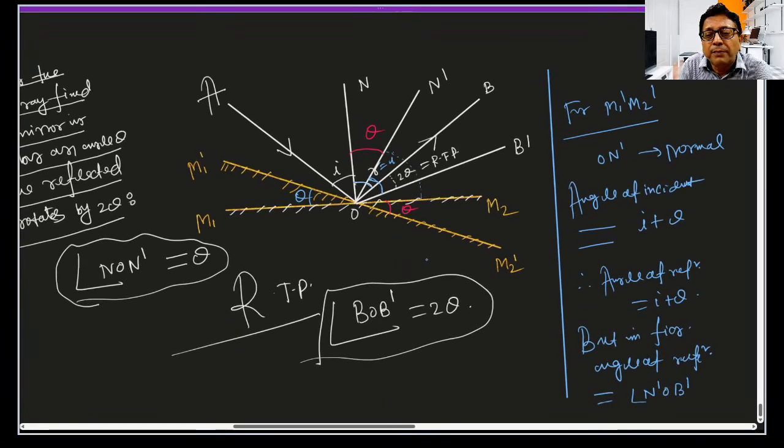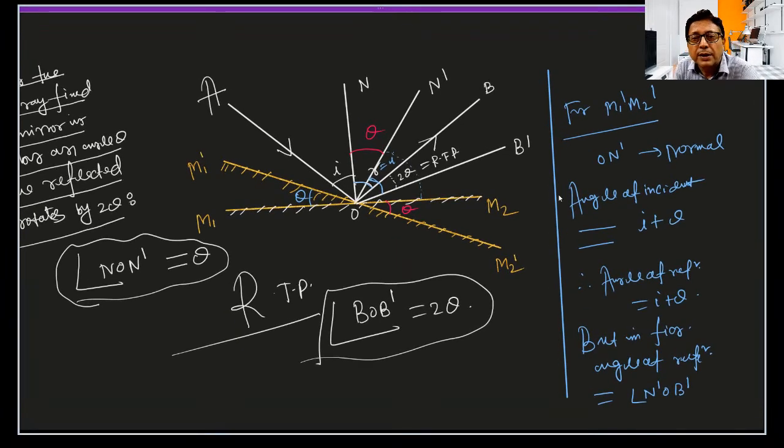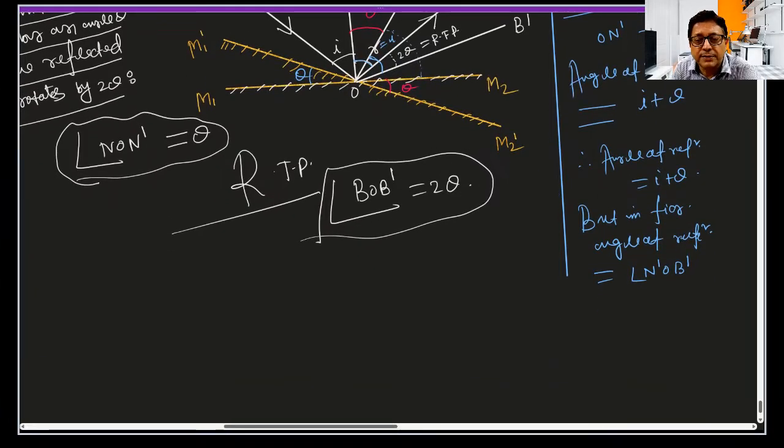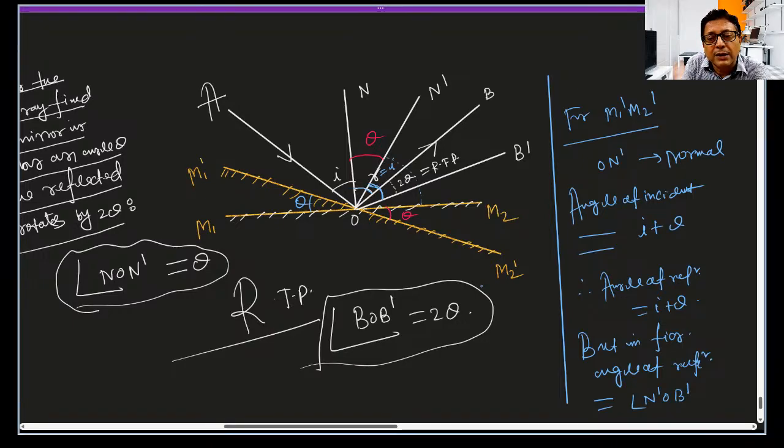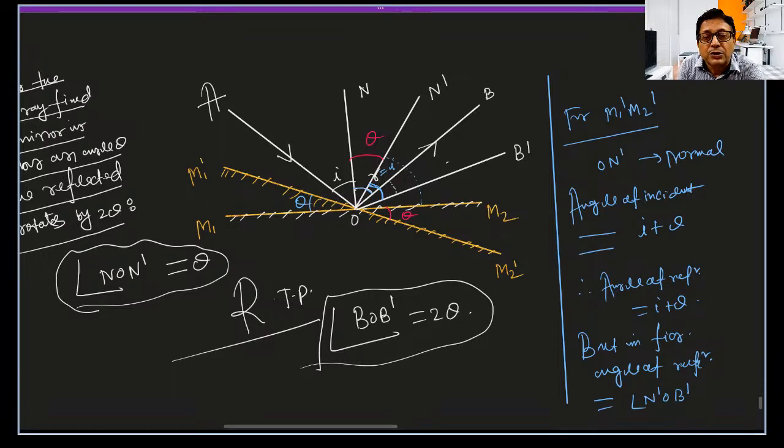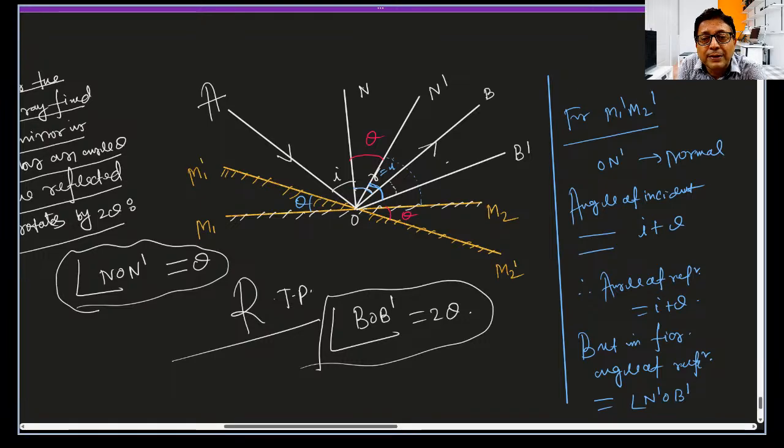Now from there let us find, just a minute. This is confusing me, so let me remove this. So let us say the value of N dashed OB dashed, we have said that it is I plus theta.